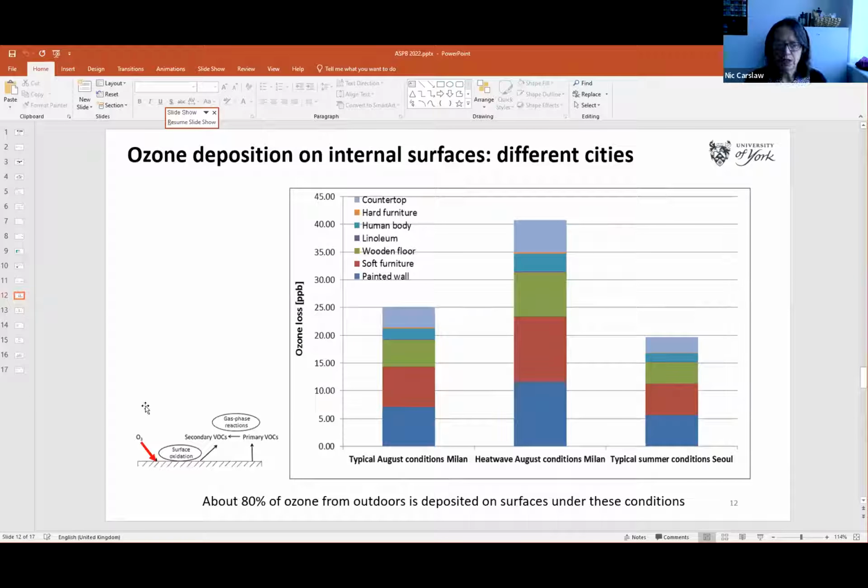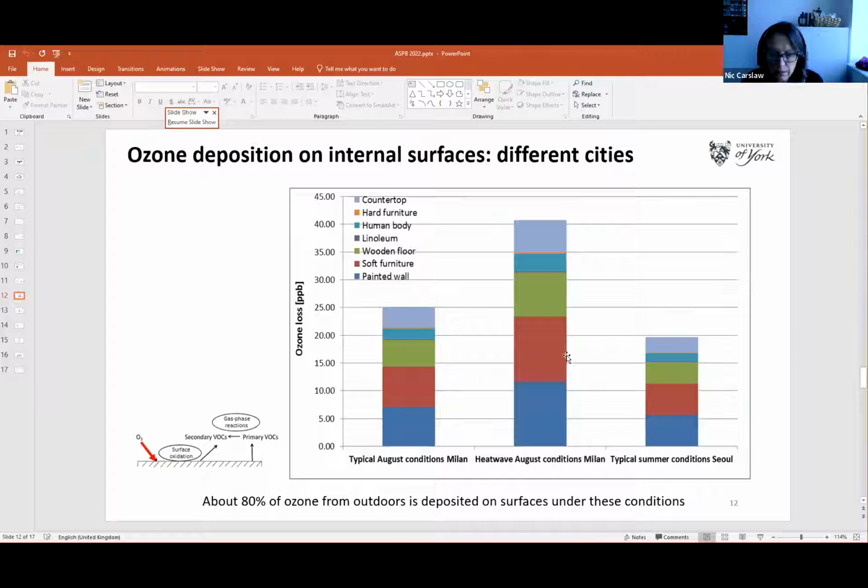And then what we can do is, focusing on this part of the process again, we look to see where the ozone ended up. And let's just look at this plot in the middle, because they all show the same proportions. You can see that when we do that, most of the ozone ends up sticking to the painted wall and the soft furniture. Now there's very different surface areas of these two.